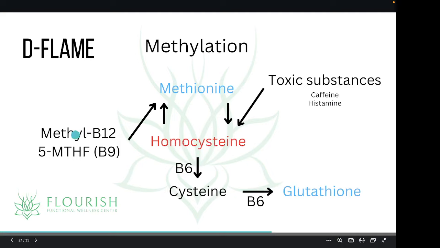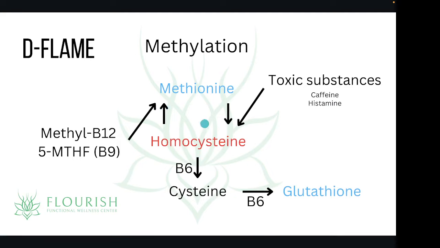So if you can't recycle your homocysteine back into methionine with the help of B12 and B9, it's going to show up as high homocysteine on labs, but then also it's going to be a good indicator that you're not methylating properly. And so that's important for detoxification of caffeine, histamine, all kinds of toxic substances that are going to be filtered out in your liver.